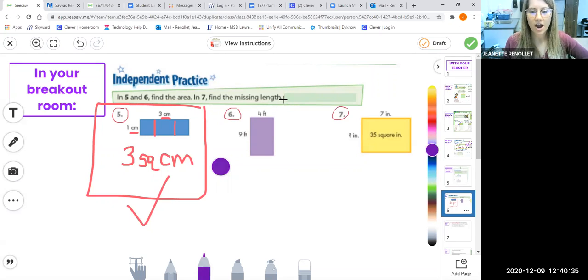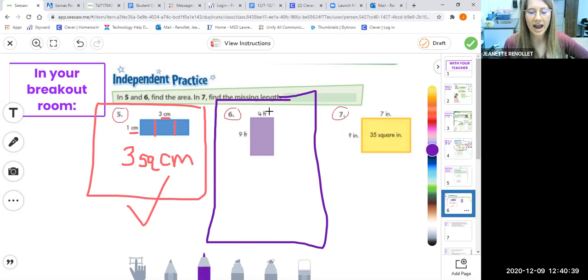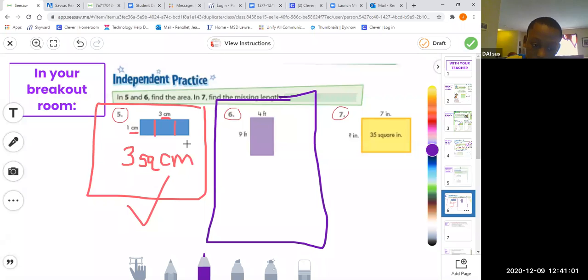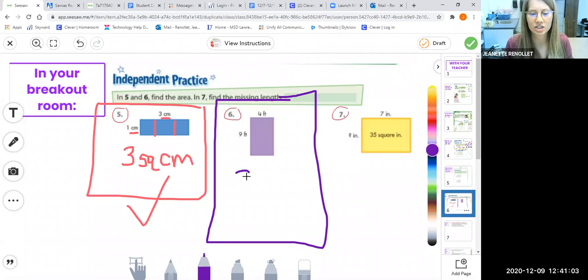Let's check on number 6. We have a length of 9 feet, a width of 4 feet. Who has the area of this rectangle? Day, go ahead. Awesome. 9 times 4 is 36.